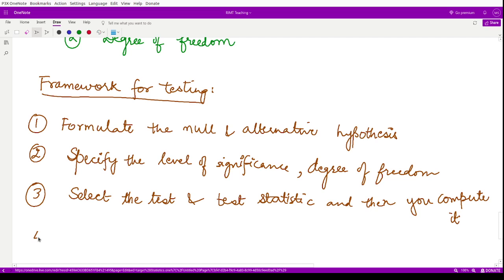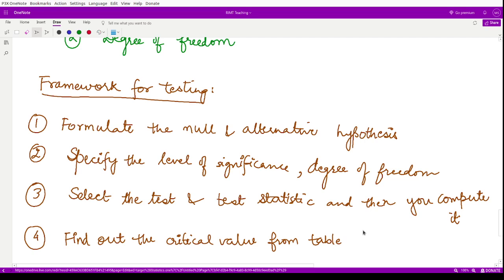So once you compute that, you find out the critical value from the table. So the next step is to find out the critical value from the table.